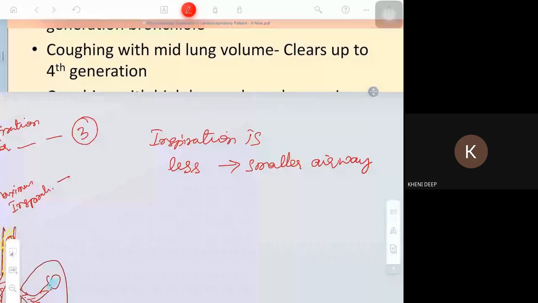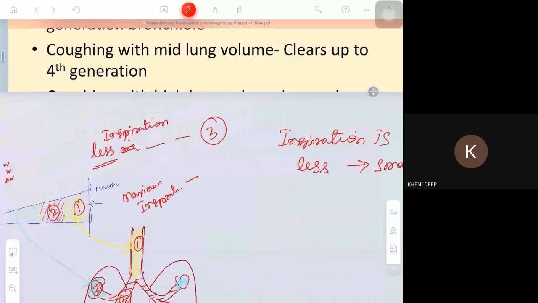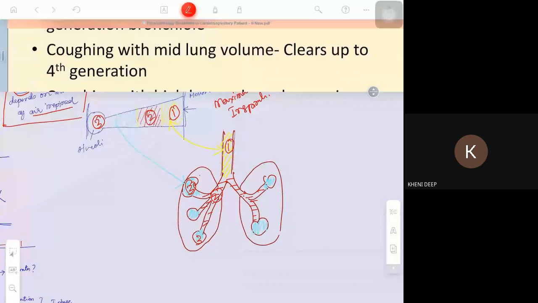What is smaller airway? Smaller airway is number 3. So this is 3, this area.